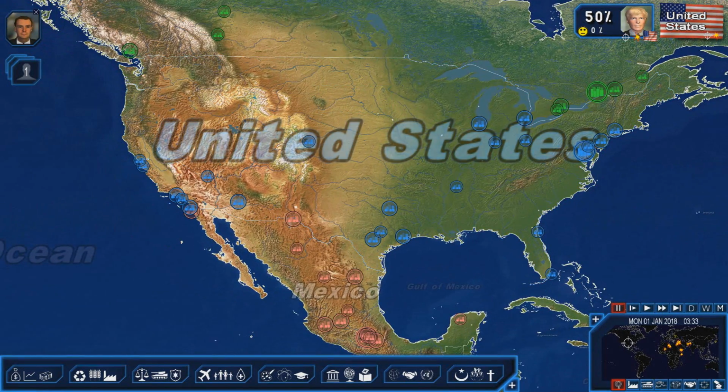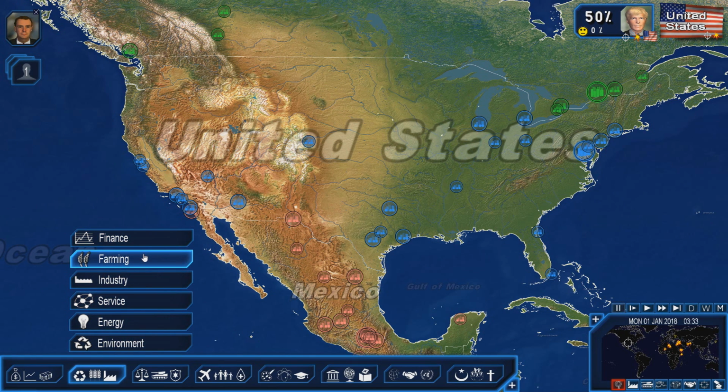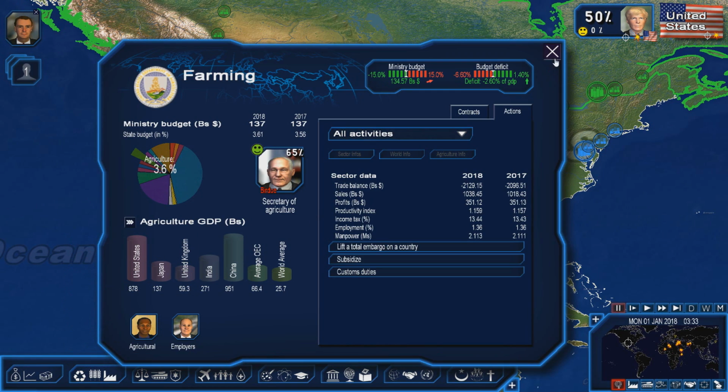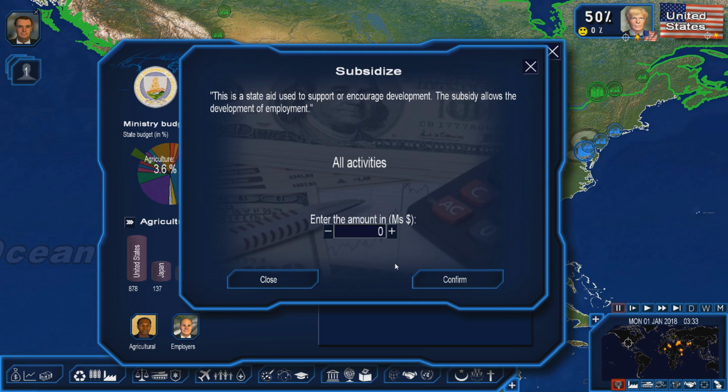Other than that, we're going to go ahead and come over here to our sectors. A good way to develop these sectors is to subsidize them. A subsidy is basically the state giving money.